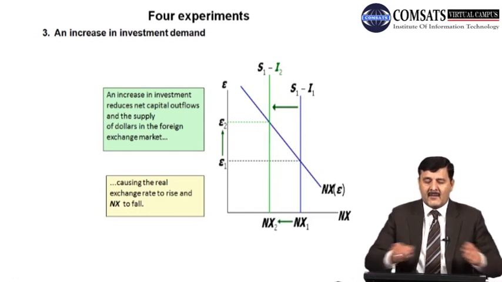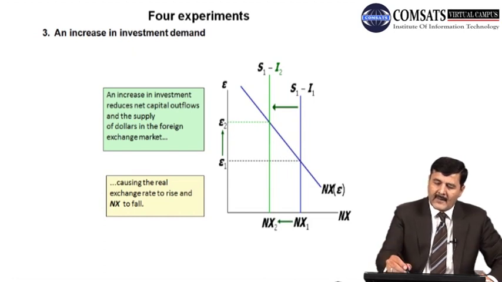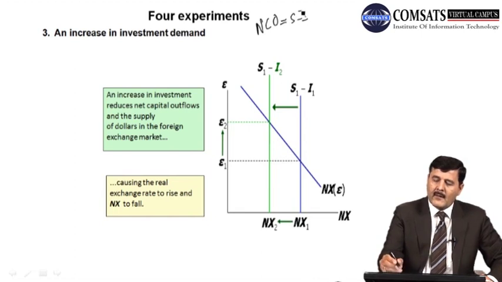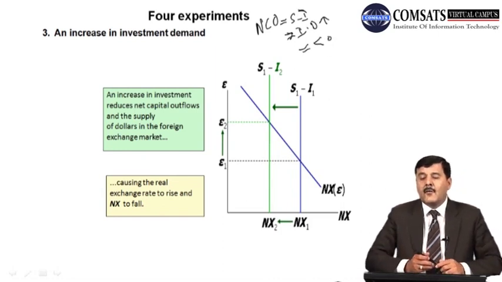As we know, net capital outflow is equal to saving minus investment, right? If investment demand increases, this component of NCO will become negative. So net capital outflow decreases.